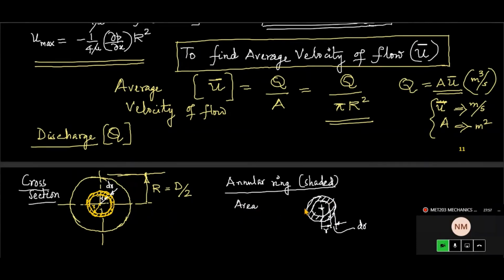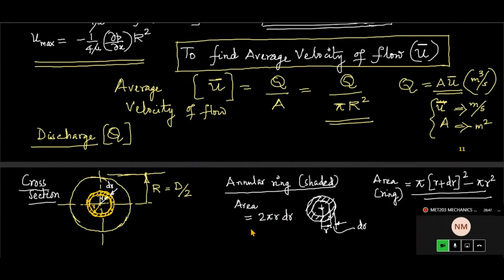When you open this and neglect very small terms like dr square, since dr is very small, dr square will be even smaller, the area will be approximately 2 pi r dr. For engineering approximations, whenever you have a very small annular ring where the radial thickness dr is very small, you can make use of this. So it's approximately 2 pi r dr area.